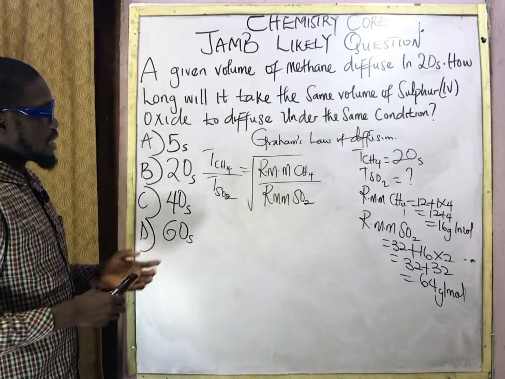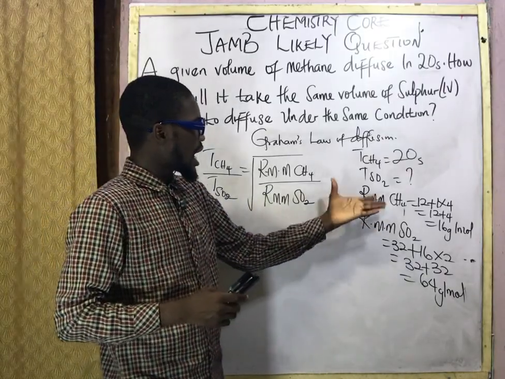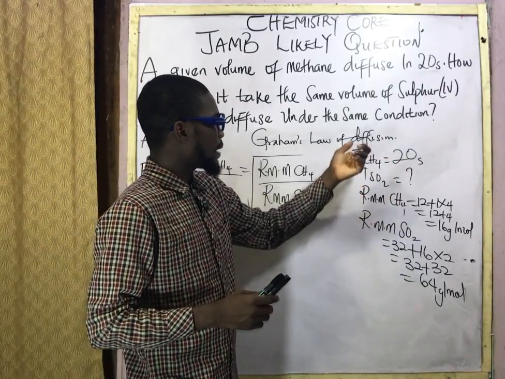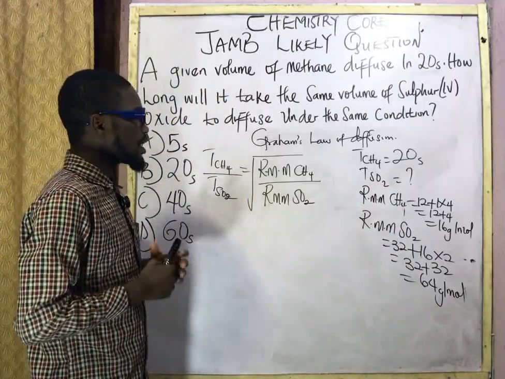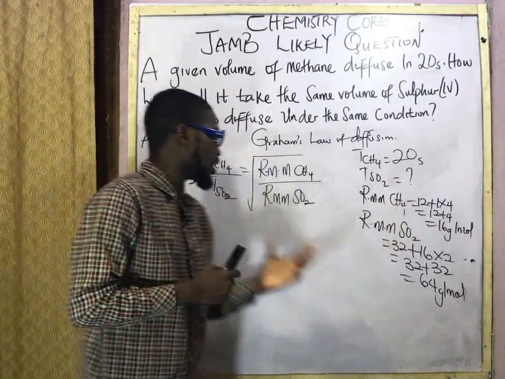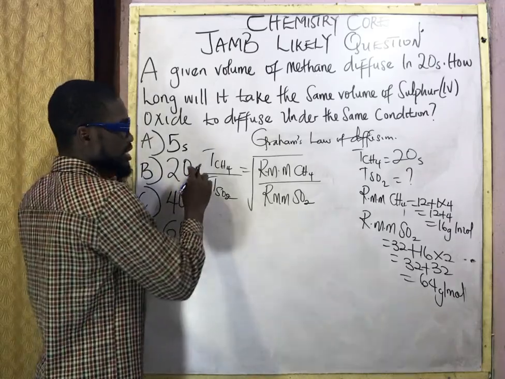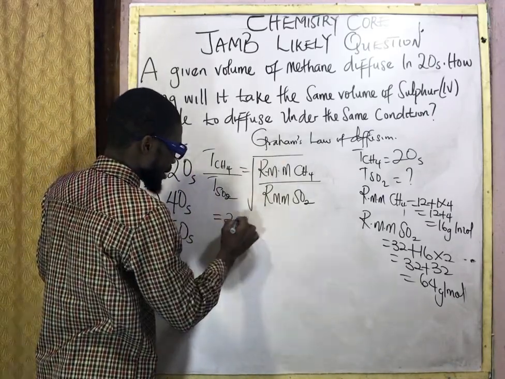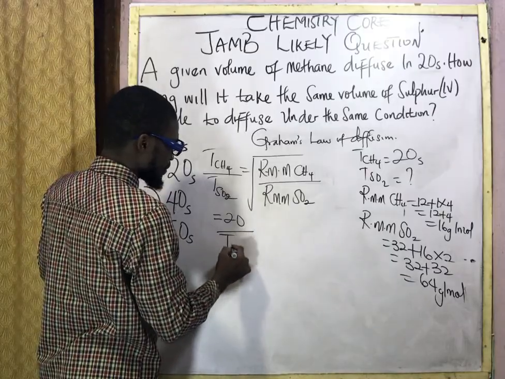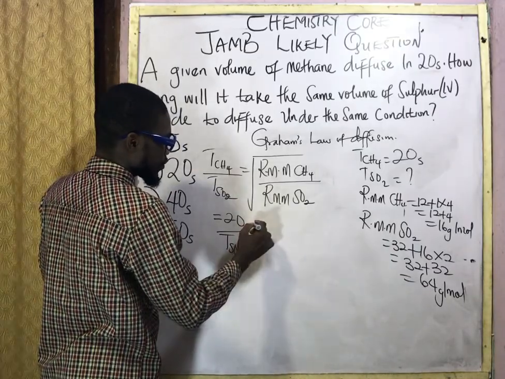So guys, if you observe vividly, I've shown you the parameters of the formula we employed here. Now, let's input all what you have here. So we said T of CH4, that will give us 20, the time of methane, divided by the time of sulfur oxide.